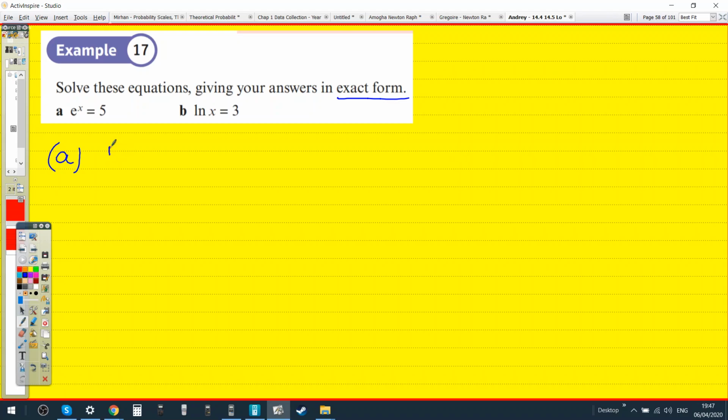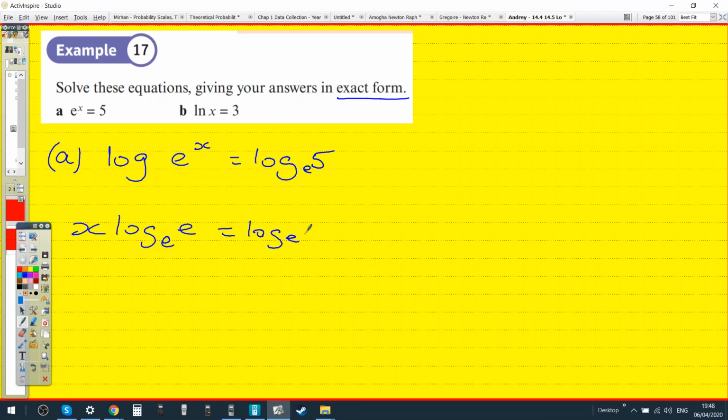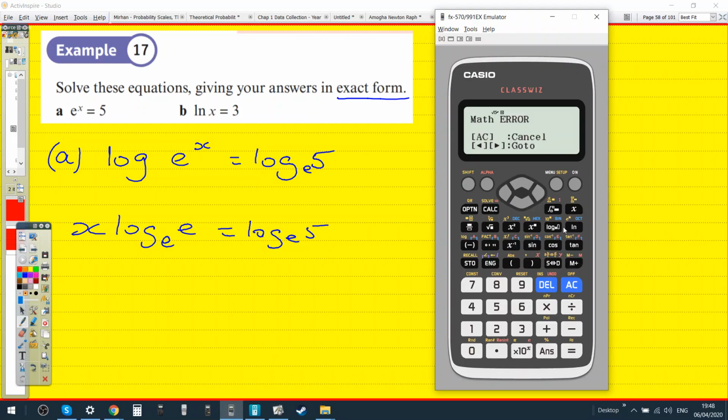So you could take logs of both sides. So log e to the x is equal to log 5. Yeah. And that's just going to be ln x, isn't it? Yes. And so the way you do it is you bring x to the front and you've got log e. But you'd have to choose some log, and so you would choose log to base e, which is the same as ln. Yeah. And there's a reason for that. If you did put it in your calculator, next to your log you have ln.